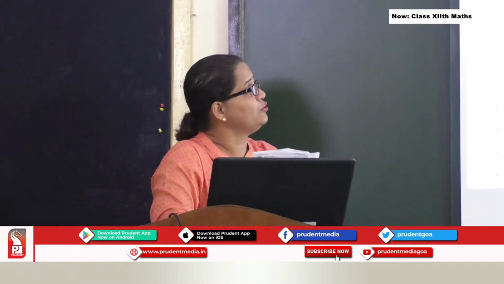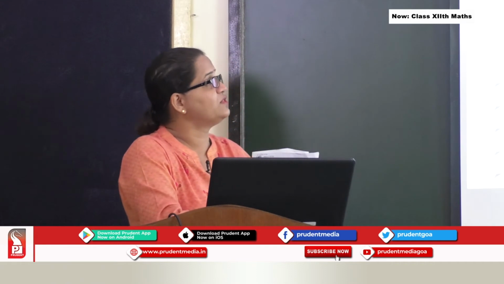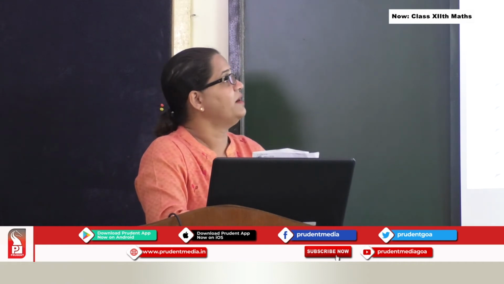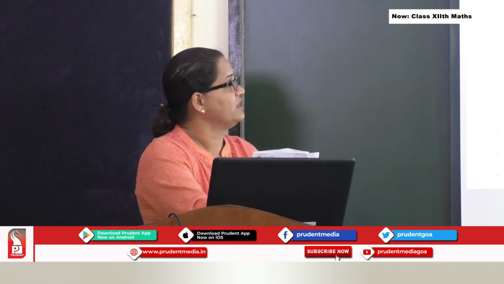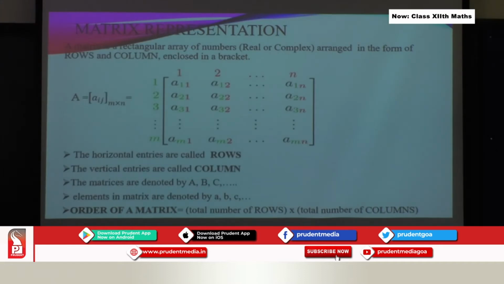Now let us look at the different terms we use in this matrix representation. If you see these horizontal entries, they are called rows. These vertical entries are called columns.